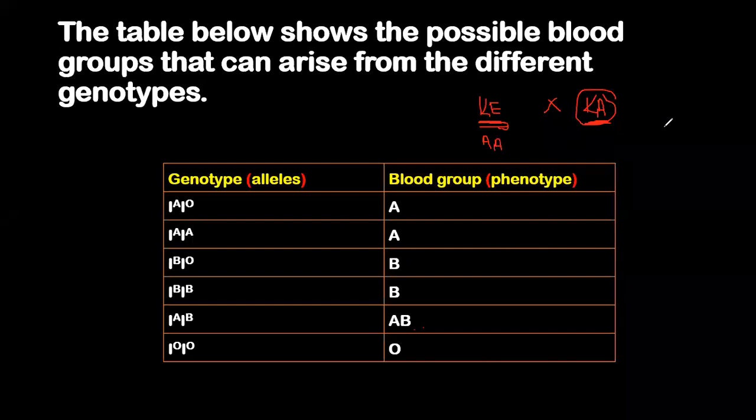And then we get the blood group of Katende, and maybe Katende is heterozygous for blood group B. And then the two are giving birth to a son of blood group B.